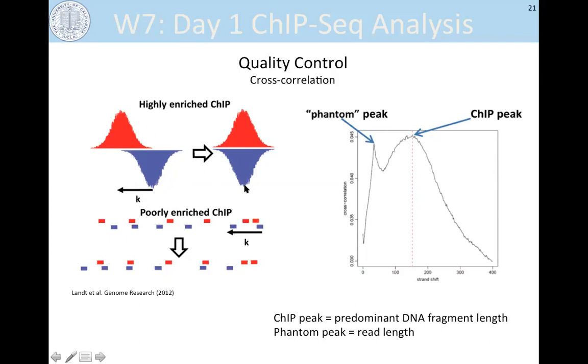So the point where the highest correlation value occurs is your theoretical fragment size, for how many base pairs you shifted the distribution of the reads from the opposite strand.